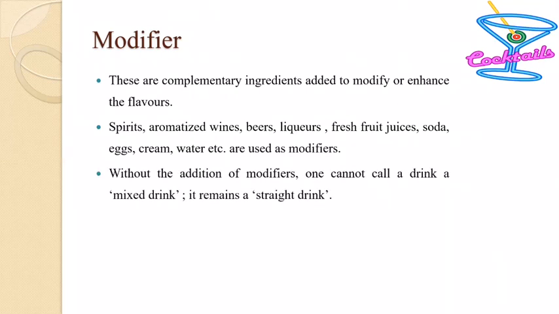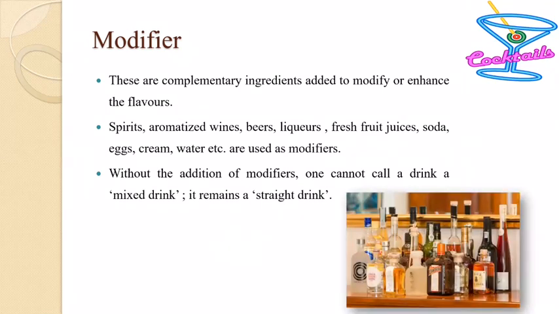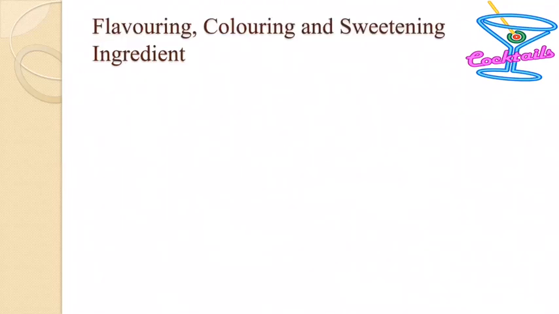Without the addition of modifiers, one cannot call a drink a cocktail or a mixed drink. It will remain a straight drink. These are certain examples of liqueurs which are used as a modifier.